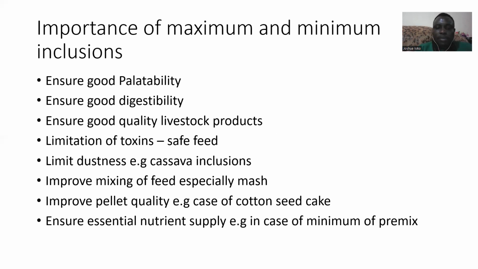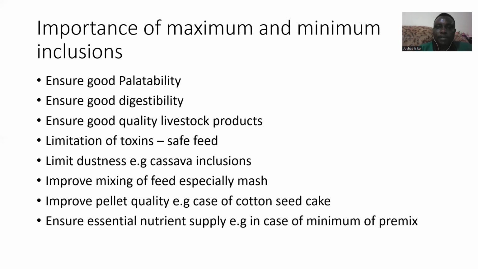Then the other one is improving mixing of feed, especially when you are going to produce mash. Imagine having broken maize mixed with very fine concentrate. If you do not control inclusions, you are not going to make good feed. You will try and mix and pack, but by the time the feed reaches the farm, it has segregated itself.